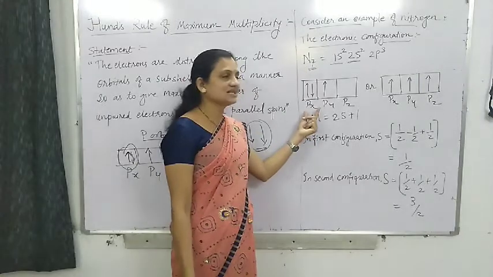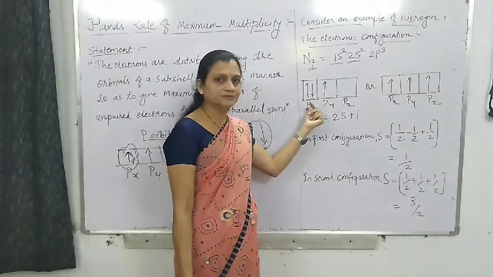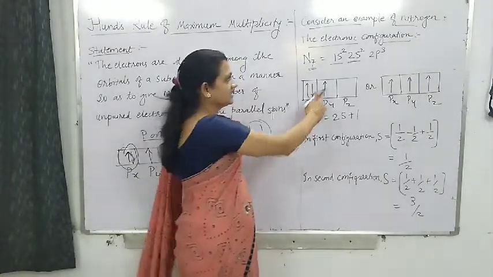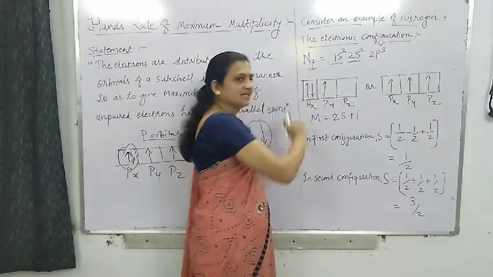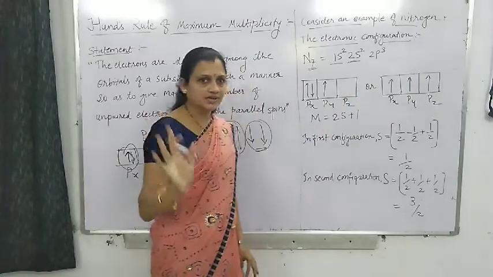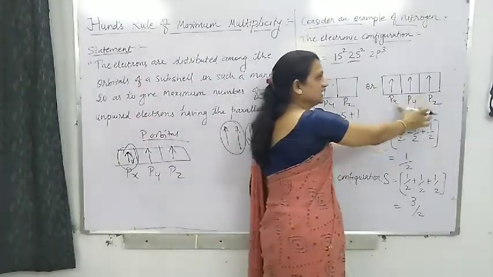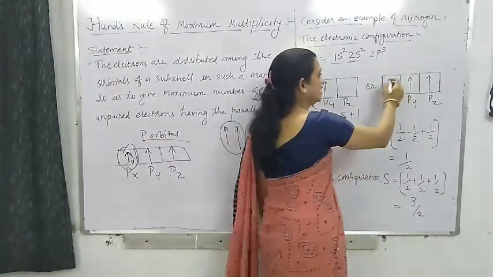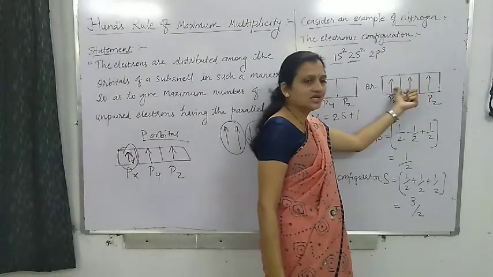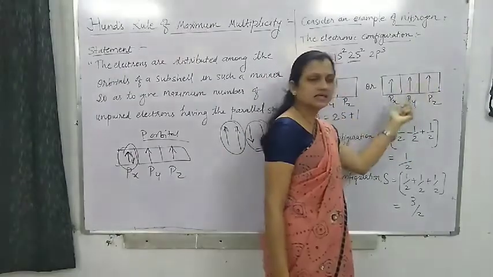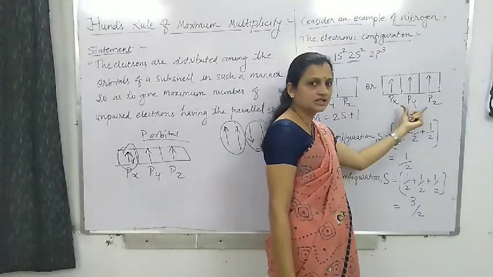The electrons are arranged in these different subshells in 2 ways. Here, what is the distribution of 3 electrons? 1, 2 and 3, and this one is left empty. Here again, what is the distribution of 3 electrons? 1, 1, 1. Here the electrons are filled singly in these 3 subshells or 3 orbitals.